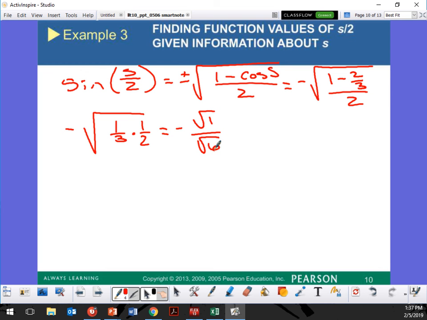Rationalize: negative rad 6 over 6. And this one's my sine.